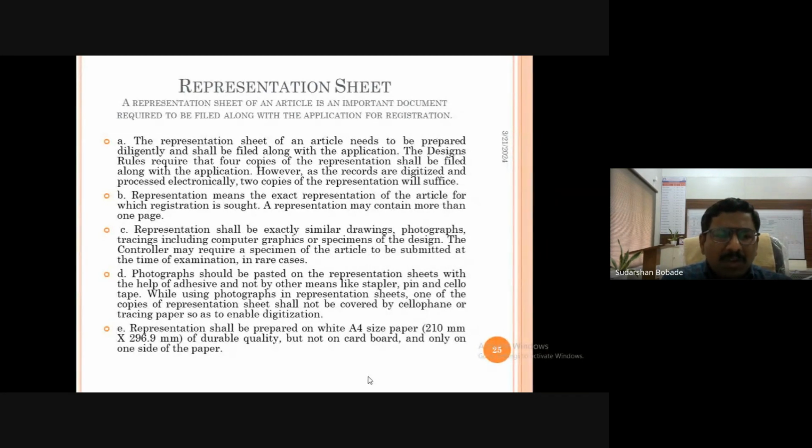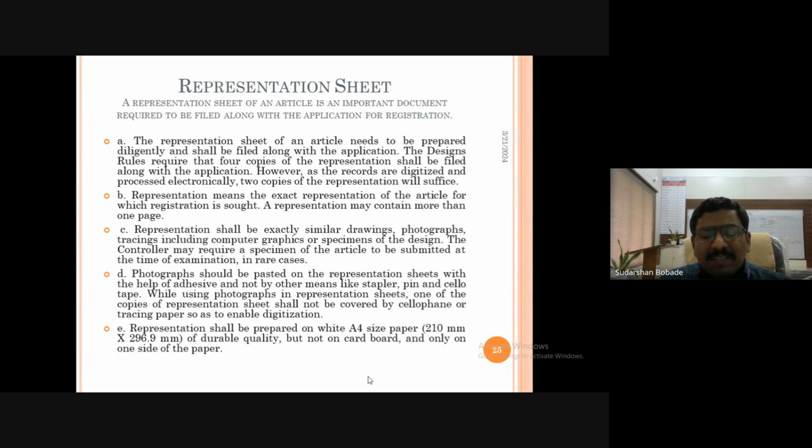Next, when we are talking about the representation, say there are drawings, photographs, tracings, computer graphics or specimens of the design. In 4 copies, everything should be similar. I have already told you that. Say I am taking printouts from different printers; though it is black and white, they differ in shades.